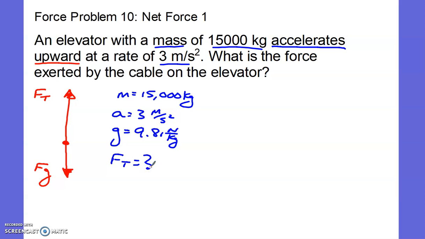Our first step, whenever we're given the mass, is to solve for the gravitational force. The mass usually is not much help to us when we're talking about a free body diagram with forces. So we're going to solve for that gravitational force by multiplying the mass and the gravitational field strength.